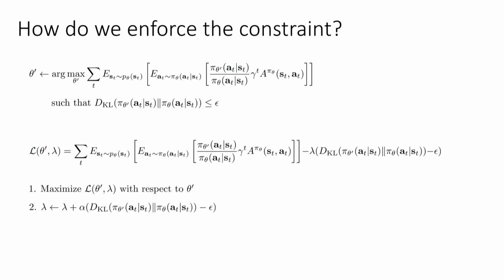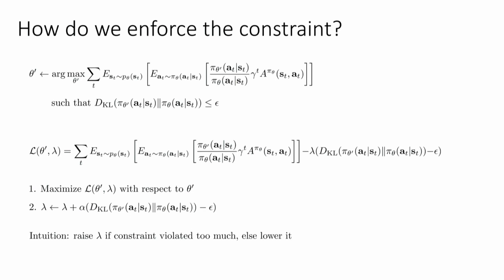The intuition is if your constraint is violated too much, meaning the KL divergence is larger than epsilon, you increase lambda. So if you're violating the constraint too much, increase the multiplier. If you are not violating the constraint, if the KL divergence is less than epsilon, then you decrease lambda. You basically downweight that term. And that's exactly what this update rule will implement.